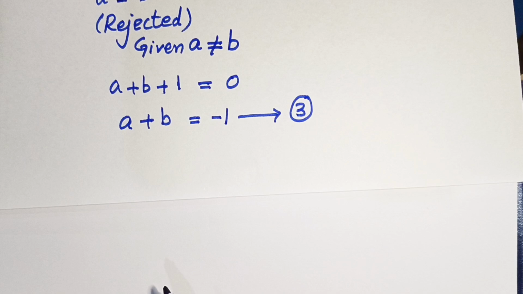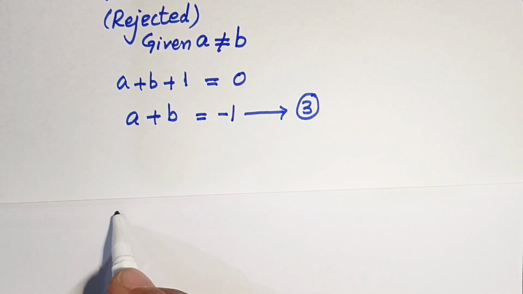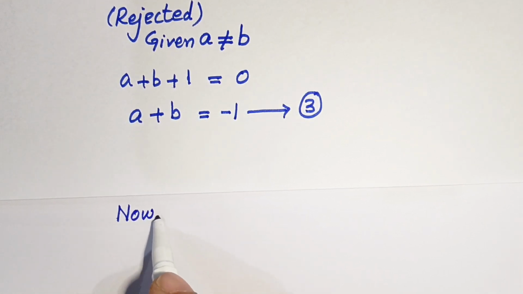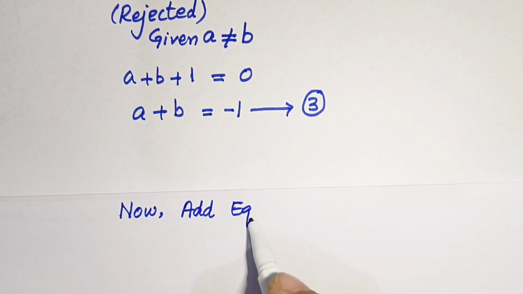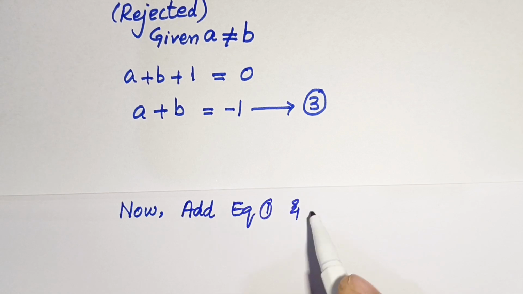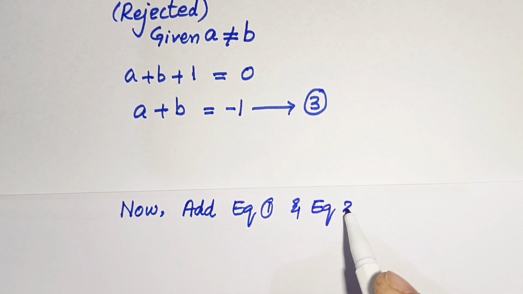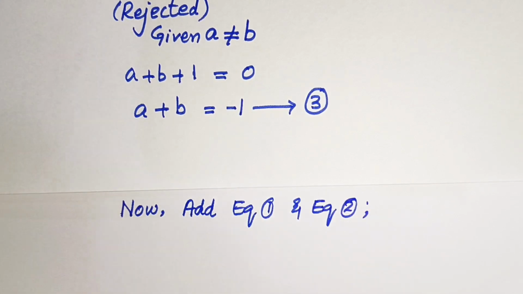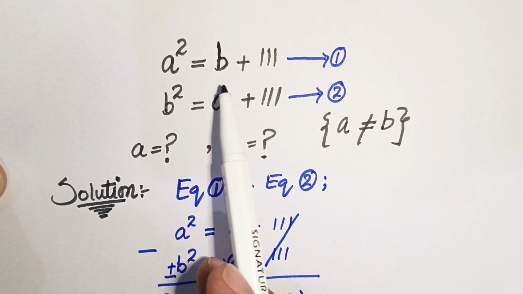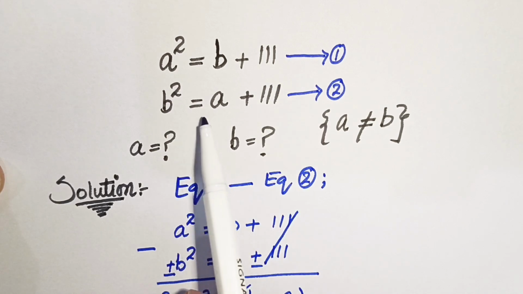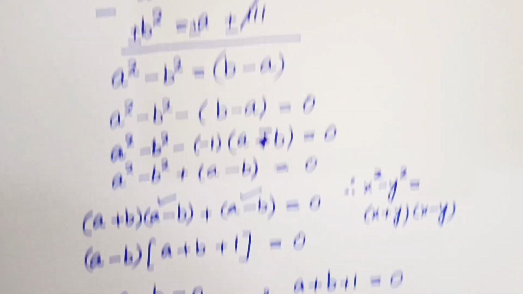Now if we add equation 1 and equation 2, here our equation 1, a squared is equal to b plus 111, and b squared is equal to a plus 111, is equation number 2.